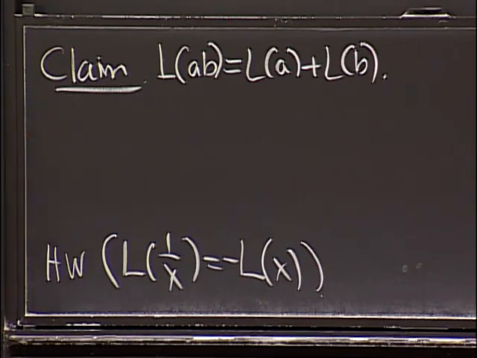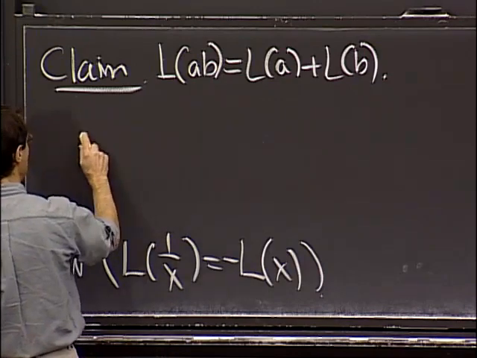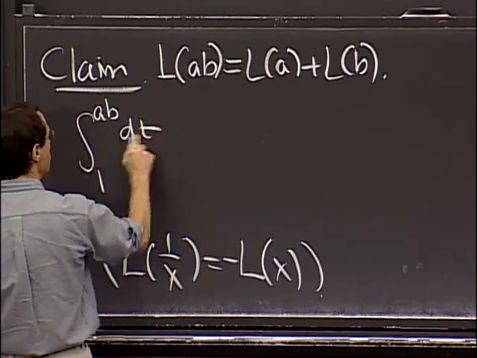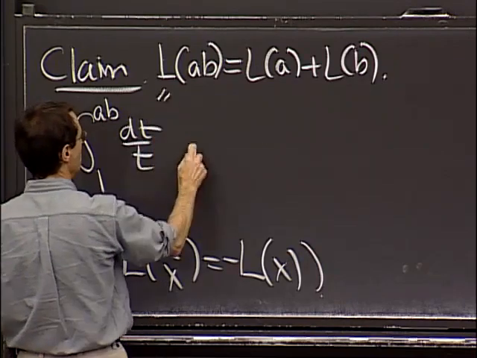But we'll do this one. The idea is just to plug in the formula and see what it gives. On the left-hand side, I have the integral from 1 to AB of dt over t. That's L of AB.